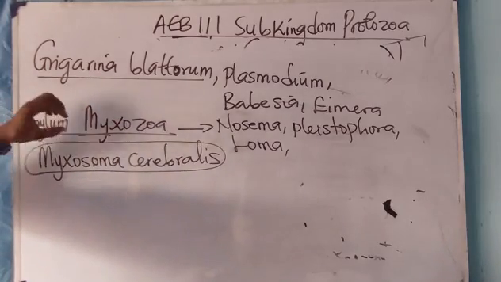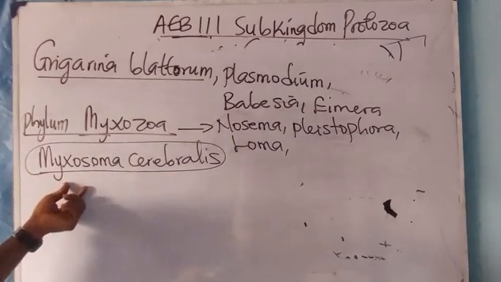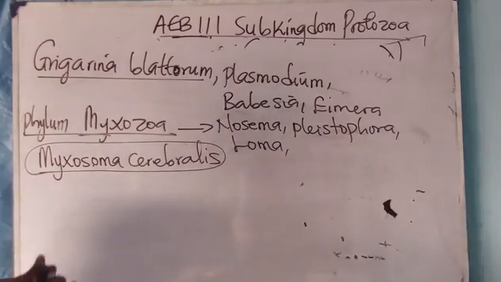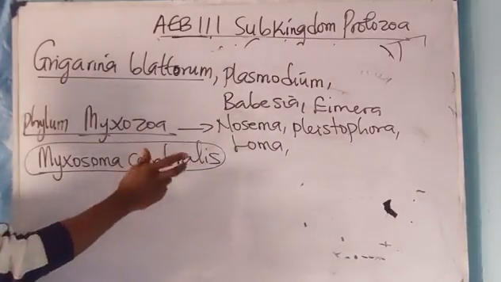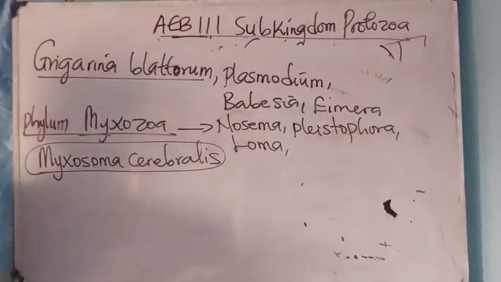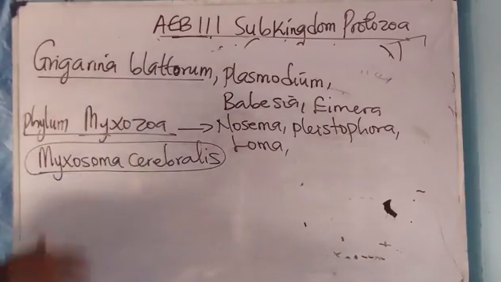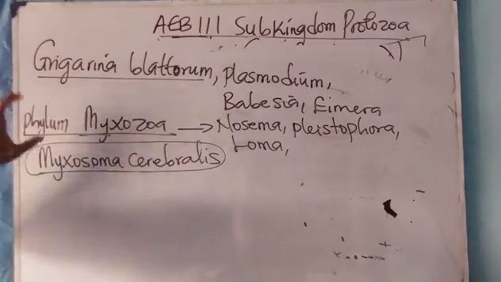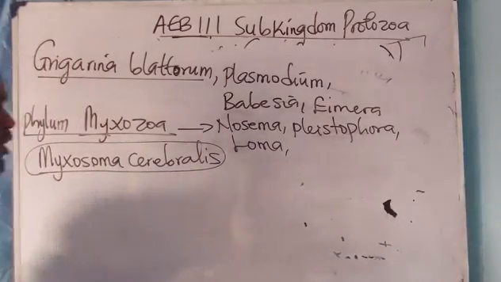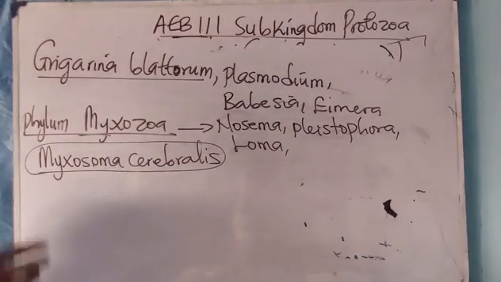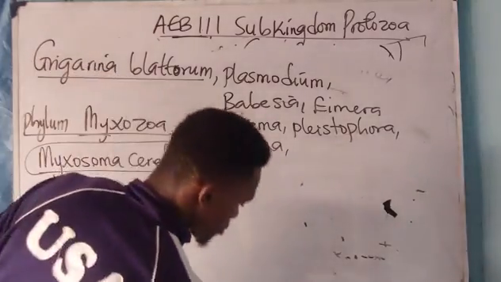The organism found in the nervous system of salmons and trouts is Myxosoma cerebralis. This is the commonest organism, please.